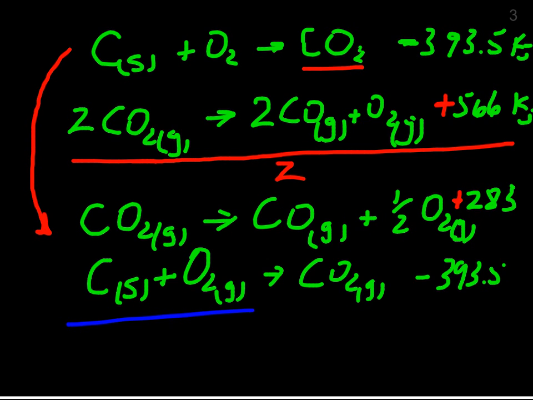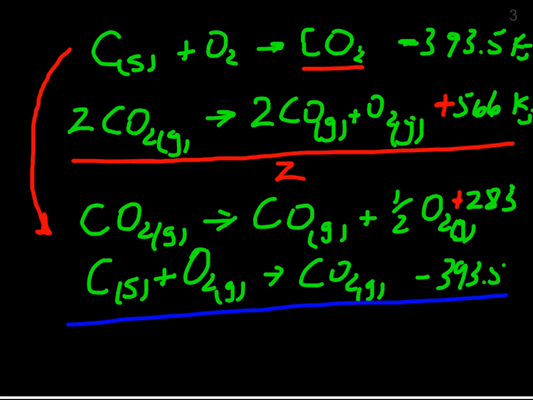What I'm going to do now is add these two together, and cancel out those compounds or elements that are the same on both sides of the equations. This is just like adding 2 equations in algebra. It's exactly the same thing. We can do this because the heat is in these compounds. It's there, and I'm just rearranging how I'm utilizing it.